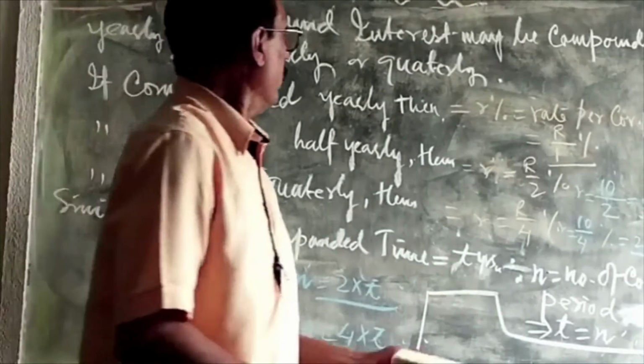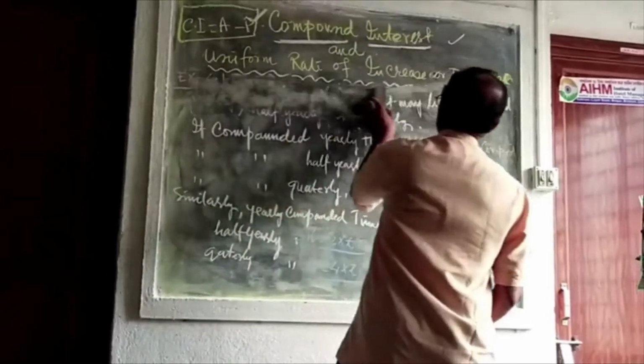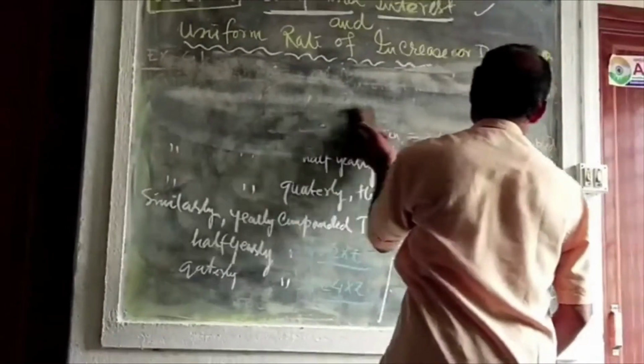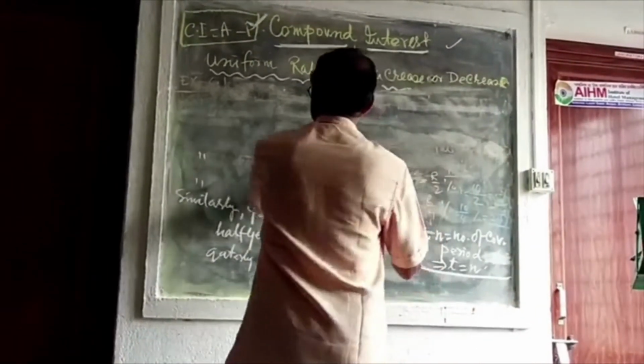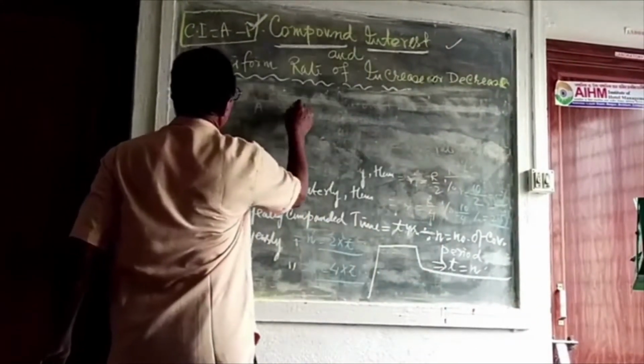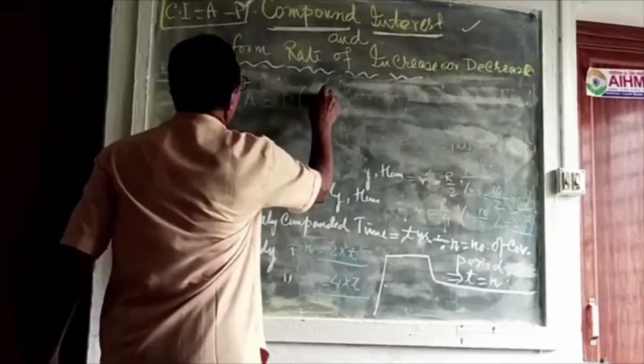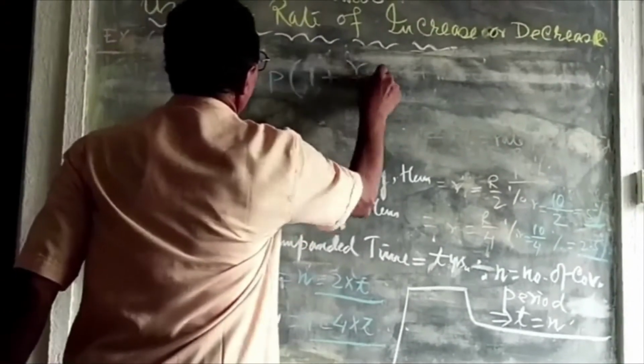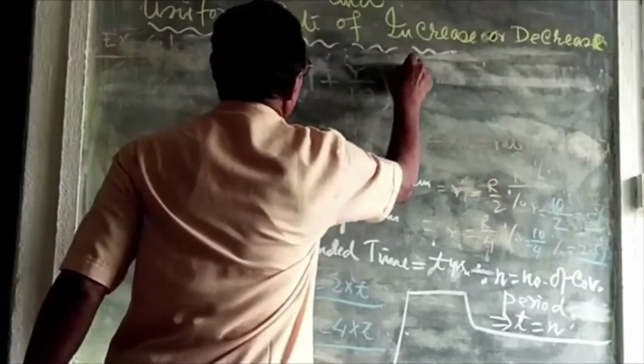So in the basic formula of compound interest amount, when we are calculating, amount will be equal to P into 1 plus r by 100 to the power n.